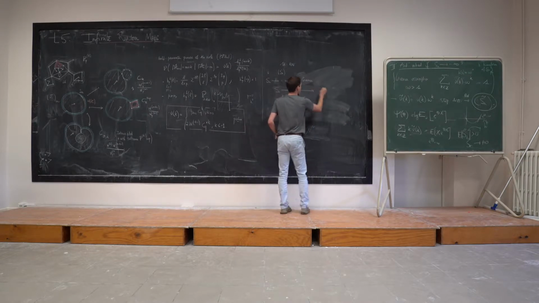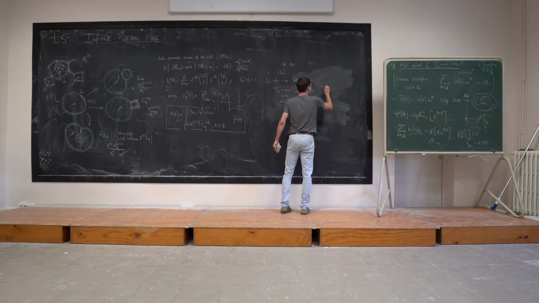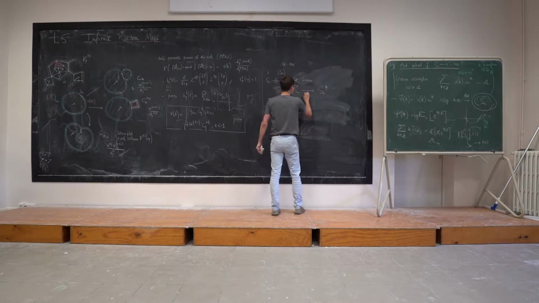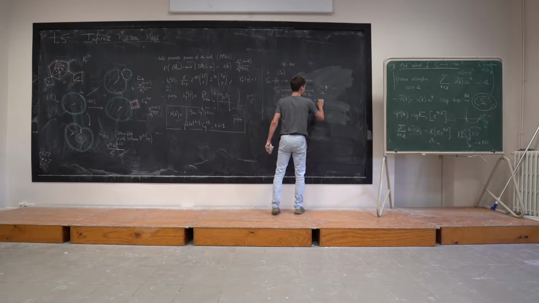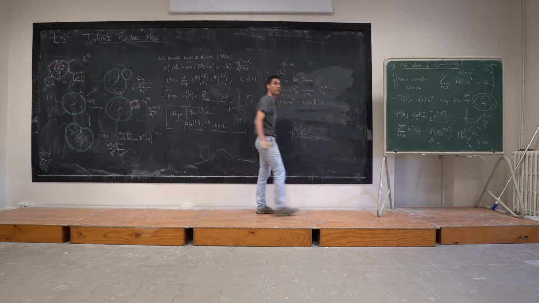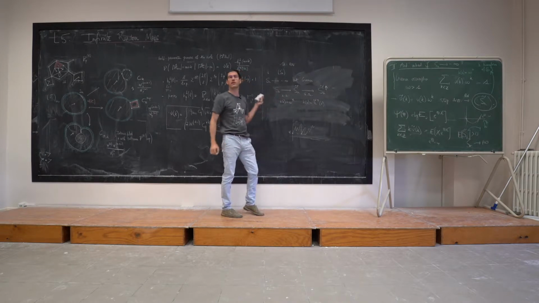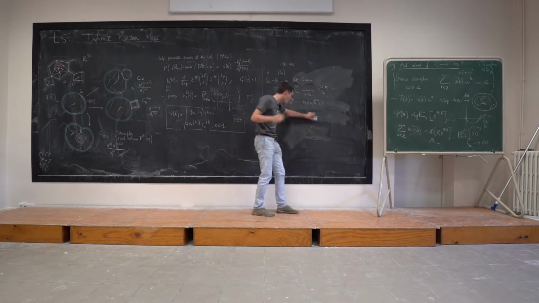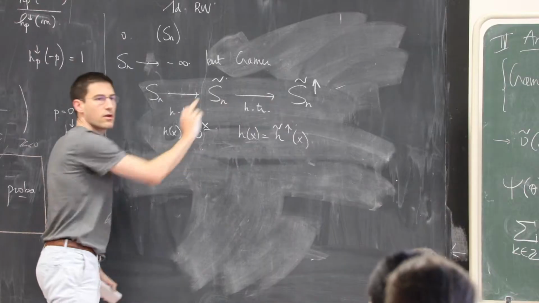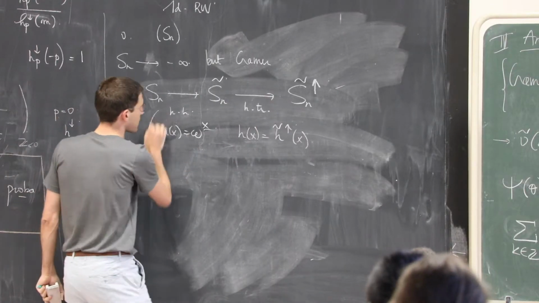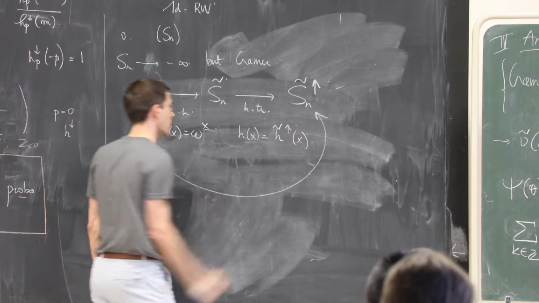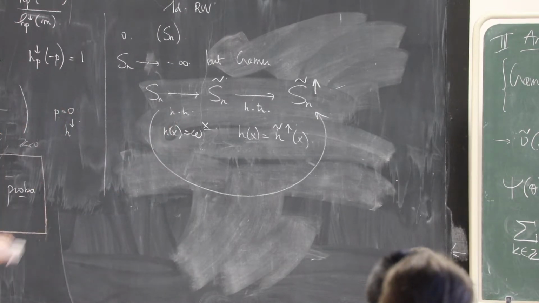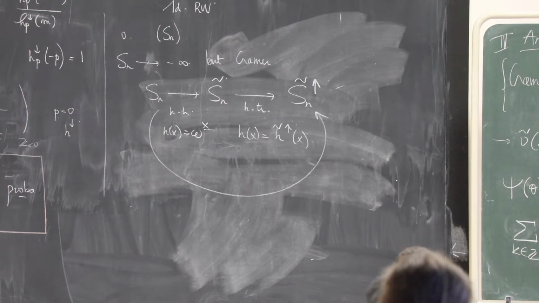And then you go from this one to S n tilde up arrow by doing an H transform by the function h of x, which is this h tilde up arrow of x. And so clearly, if you H transform and then H transform again, it is an H transform, so you can go from here to there by the H transform which is the multiplication of these two.